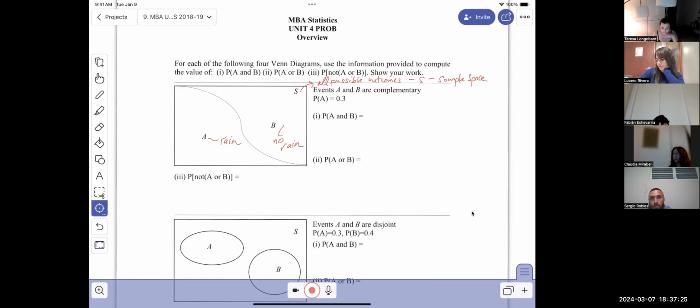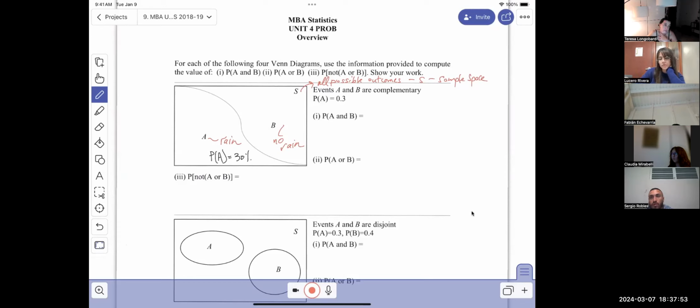So let's say event A has a 30% chance. I could have come to this by collecting data over a long period of time and making a histogram. Well, I guess if it's rain or no rain, I'm not going to have a histogram.